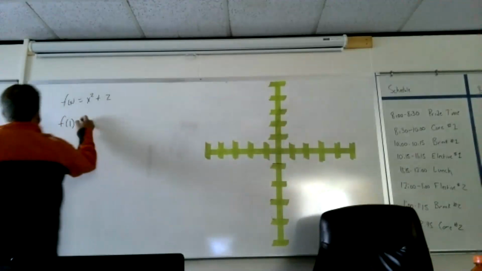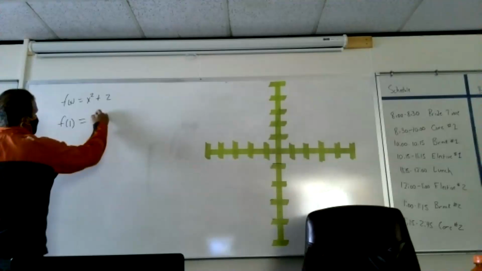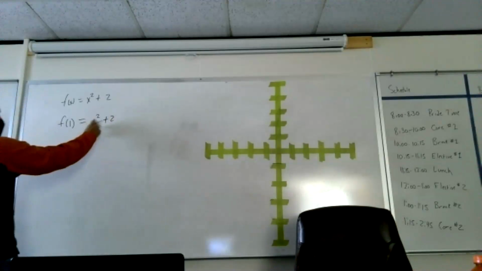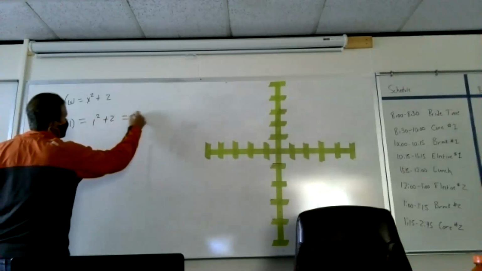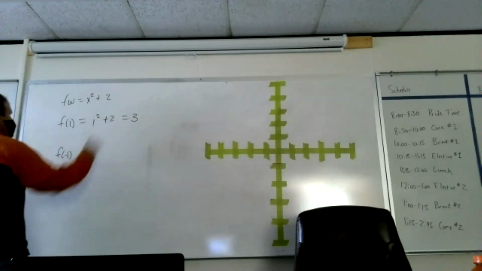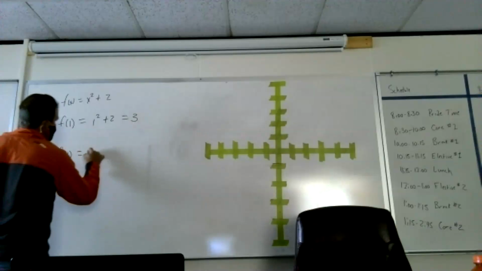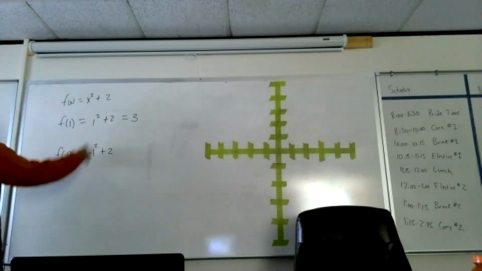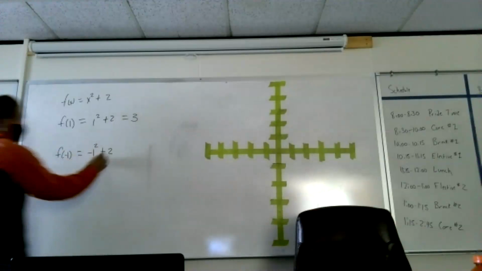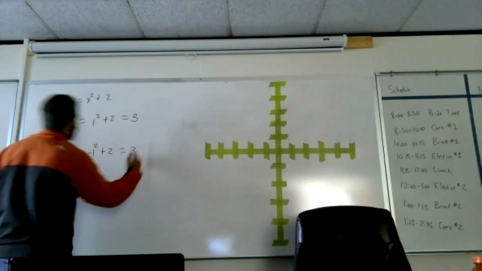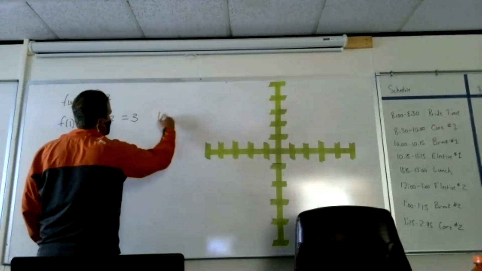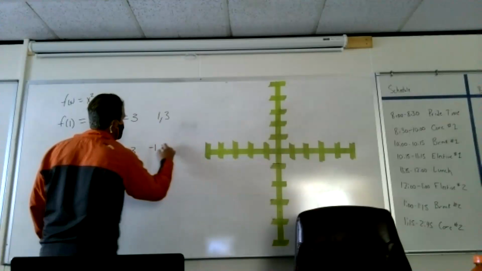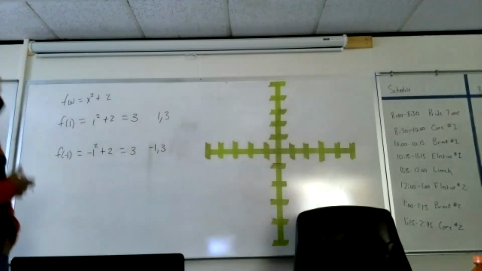For f of 1, I'm plugging in 1 for each x value. I get 1 squared, which is 1, plus 2, which is equal to 3. So f of 1 is equal to 3. Now for f of negative 1, negative 1 squared is 1, plus 2, which is equal to 3. If I were to list them as ordered pairs, they would be (1, 3) and (negative 1, 3). This corresponds to y-axis symmetry.